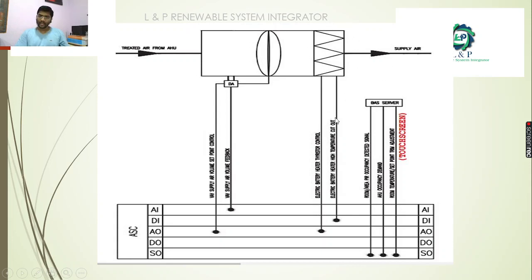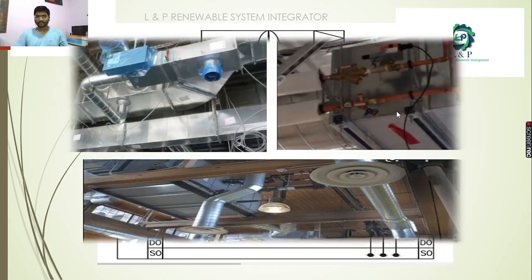And this is the high temperature cutoff: when the electric heater is getting heated beyond the allowed temperature, we can cut it off. For the BACnet server we have to provide some inputs through communication, that is, the temperature from the temperature sensor, whether there is any occupancy demand from the AHUs, and the set point is also sent to the BACnet server.